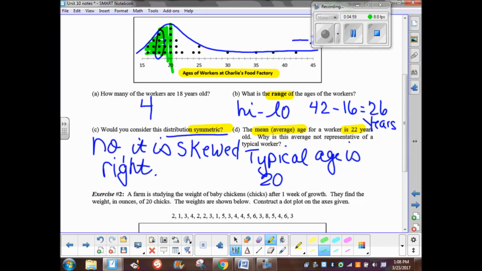Because let's think ahead here. What would be pulling our mean up to that 22? Brian? Yeah, this big guy up here, okay, and you use that term outlier. You guys have probably learned that in the past. That 42-year-old, boy, he's old, or she's old, is pulling that mean up, okay? I'm clearly not 42, not even close.